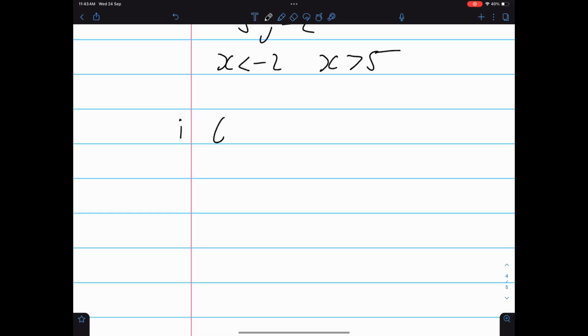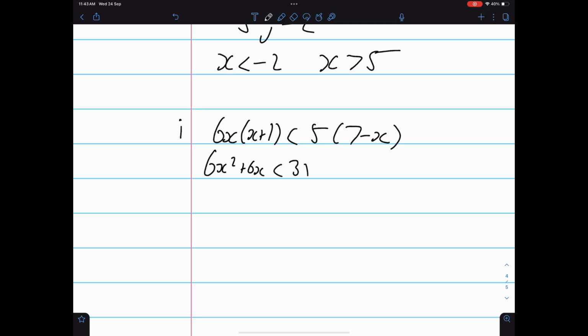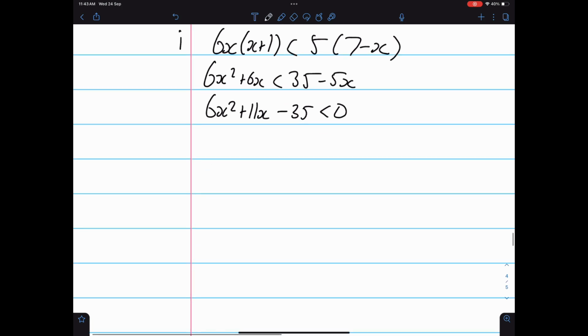I, 6x(x plus 1) less than 5(7 minus x). 6x squared plus 6x less than 35 minus 5x. 6x squared plus 11x minus 35 is less than 0. AC is negative 210. So that's going to be something like that.